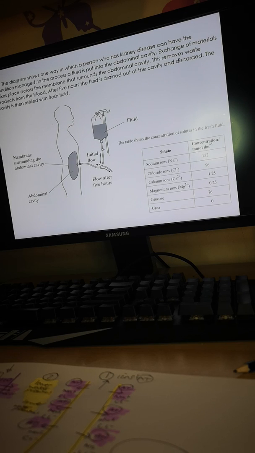The cavity is then filled with fresh fluid. So the table shows the concentrations of solutes in the fresh fluid. So we've got very high sodium concentration, chloride, calcium is very low, loads of glucose, no urea at all.